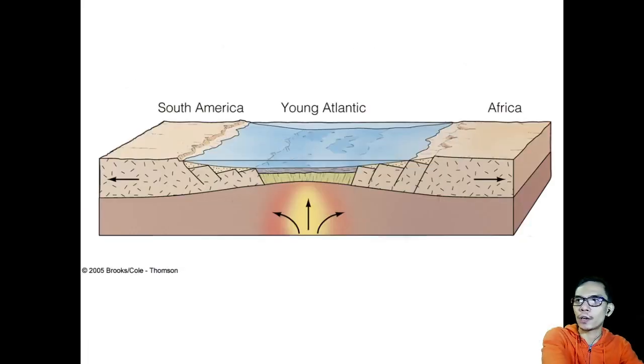mantle. Next, as time passes by, the gap between the ridges is getting wider. In this example, we have water that comes from an open sea that rushes towards this gap that is created by this spreading ridge.